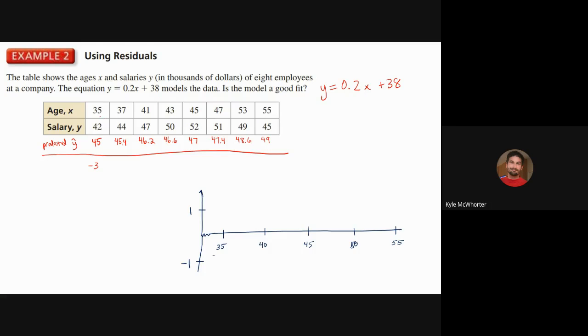So when x was 35, our residual was -3. So I'm going to have to change my y-axis here so I can get a -3 on there. I'll try. -1, -2, -3. 1, 2, 3, 4.